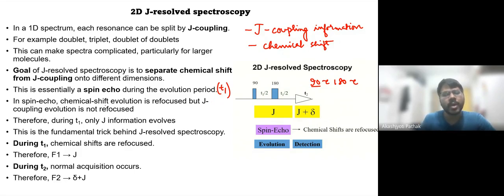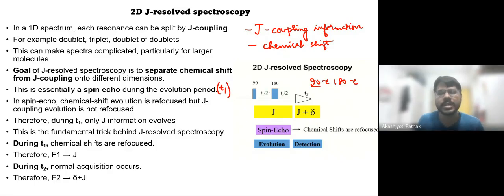As we learned in the last lecture, where we also revised the concept of spin echo, in a spin echo the chemical shift evolution is refocused, but the J coupling evolution is not refocused. Therefore, during T1 only J information will evolve.